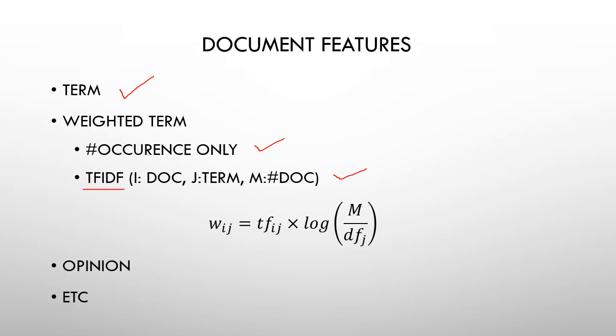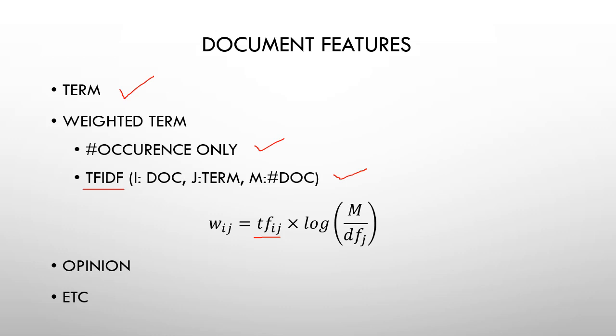Now the weight of term J in document I is calculated as TF_IJ, the number of occurrences of a particular term J in document I, multiplied by the logarithm of M divided by DF_J.